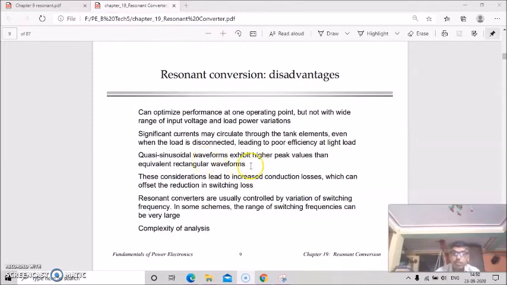Quasi-sinusoidal waveforms exhibit higher peak values than equivalent rectangular waveforms. These considerations lead to increased conduction losses, which can offset the reduction in switching loss. Resonant converters are usually controlled by variations of the switching frequency, and in some schemes the range of switching frequencies can be very large. And of course there is a complexity of analysis.